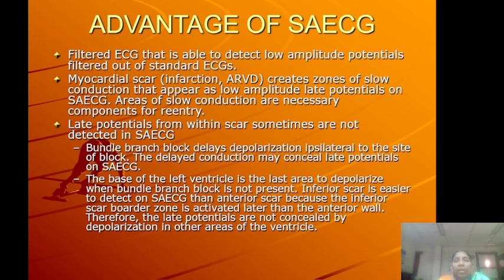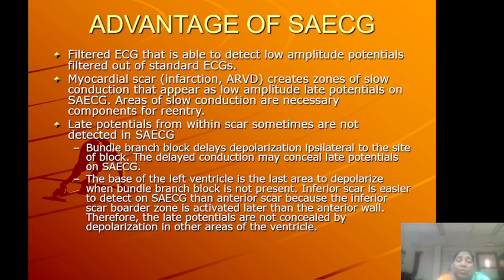The advantage of signal average ECG is that the filtered ECG is used to detect low amplitude potentials and to identify any myocardial scars which are present. This creates a zone of slow conduction in which we get only low amplitude late potential signals. The late potential signals may be from within the scar. Sometimes they may not be detected using the SA-ECG signal.